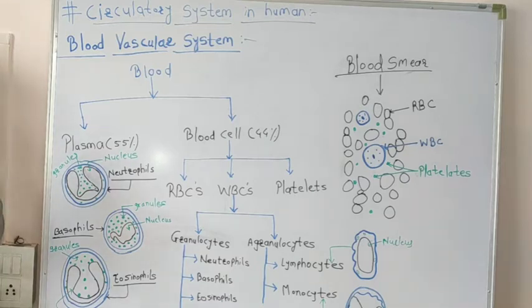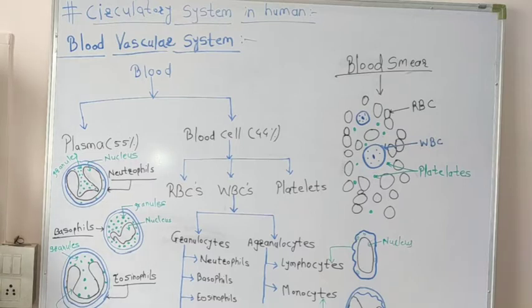So for every cell, that means for RBC, for WBC or for platelets, a particular total count is decided. Total count of RBC, total count of WBC, total count of platelets, and on the basis of this count, the range is decided.